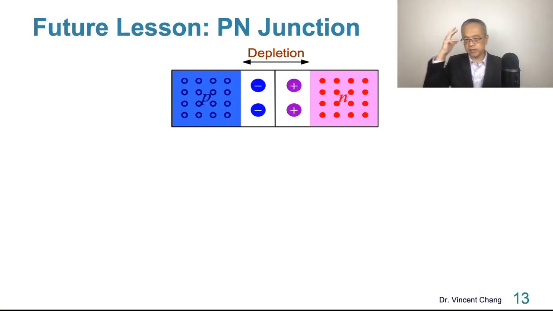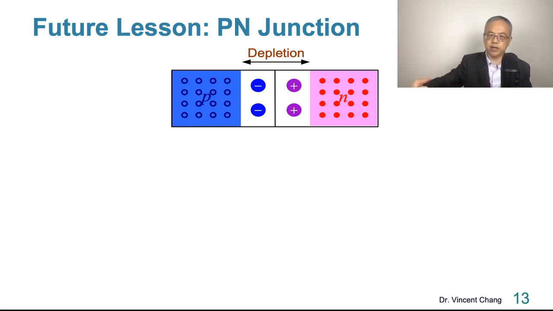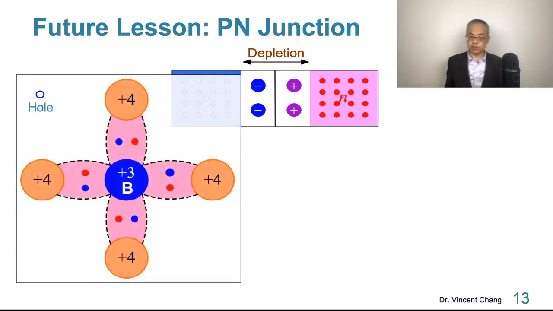In the future, when I talk about the interaction at the interface of the p-n junction: for the p-type semiconductor, we put in a lot of acceptors, and for the n-type, we put in a lot of donors. So in the p-type, because we put in a lot of acceptors, we release a lot of holes, so the hole is the majority carrier. For the n-type, electrons are abundant, and the electron is the major force for conduction.